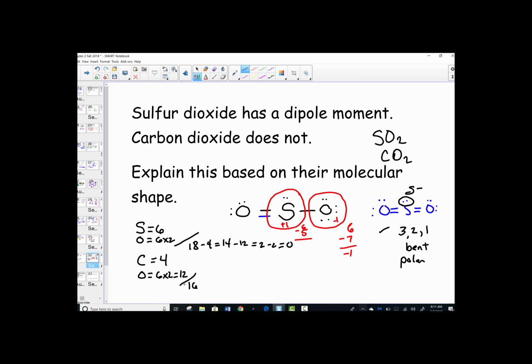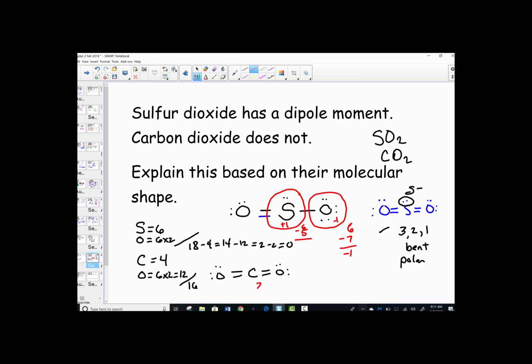Now remember, carbon only donated 4. This structure, carbon dioxide, has 2 less dots. By the time we're done drawing this structure again, we end up with O double bond C, double bond O, but notice there are no spare electrons sitting on top of the carbon as we had for the sulfur.